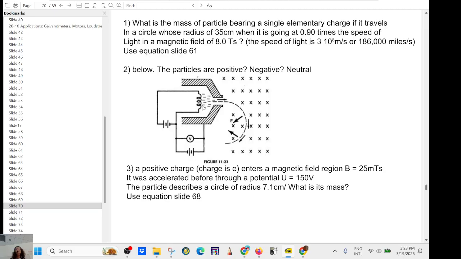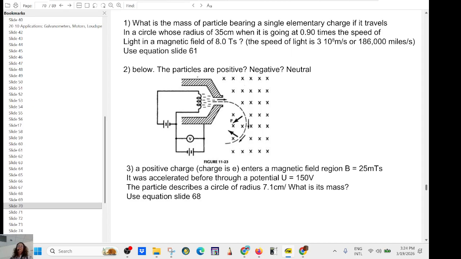So it has potential energy QV, and that potential energy is going to turn into kinetic energy. The electric field is speeding up the charged particle, and then it will be deflected by the magnetic field. So you use the electric field to speed up and the magnetic field to turn.